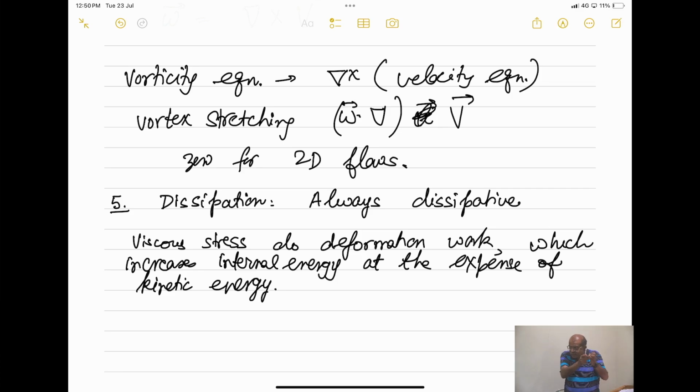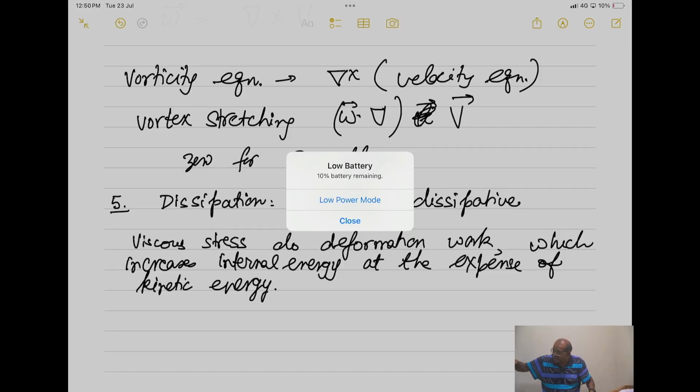That means the kinetic energy essentially comes from the velocity term. Half mv square is the kinetic energy. So there is something which is causing the motion, and that is getting converted to internal energy, which means eventually it ends up heating up the system.